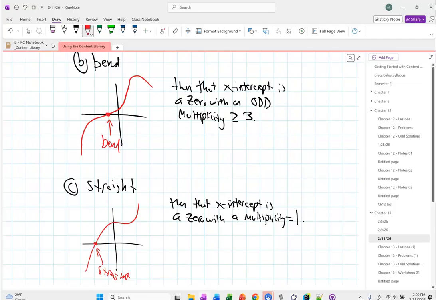And then after the x-axis, it's bending like it's going to be a cup. That change is called a change in concavity. A point where the graph changes in concavity is called an inflection point. That's what we mean by a bend, where there's a change in concavity from hill to cup or cup to hill. Everybody okay with that?